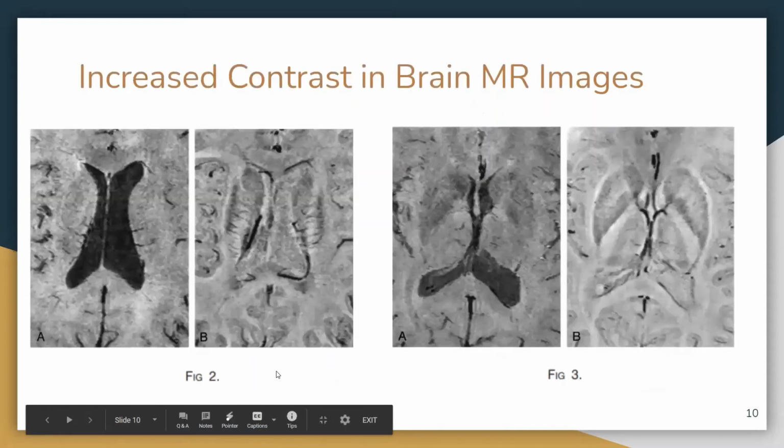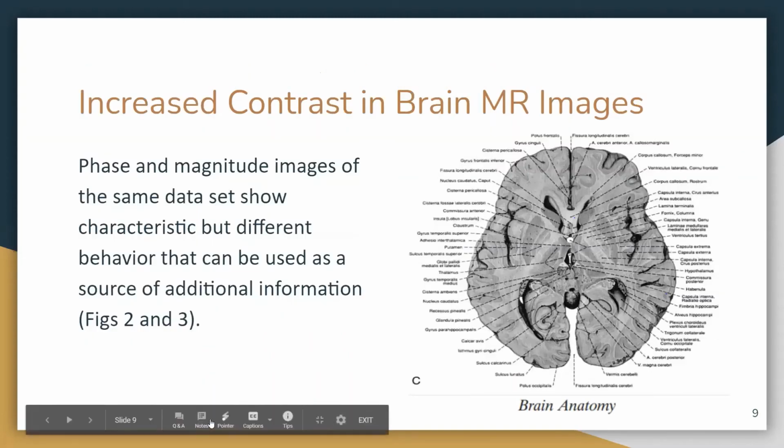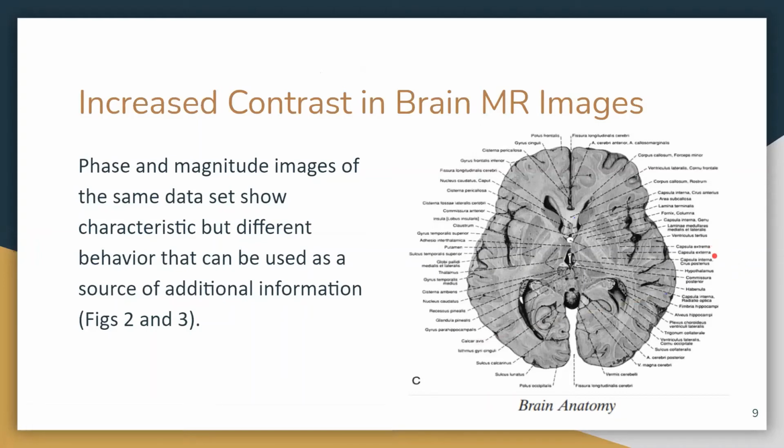So if you see figure 2 and 3, these are the regions of the brain. So we are going to concentrate on the parts here, the capsula extrema, capsula externa, capsula interna.